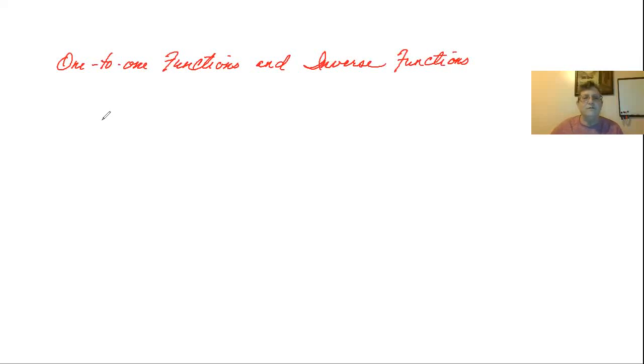I want to make sure everybody's clear on what one-to-one functions and inverse functions are. An inverse function is a function which undoes what another function does.